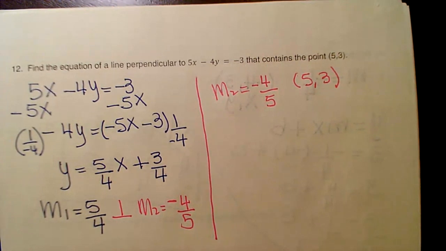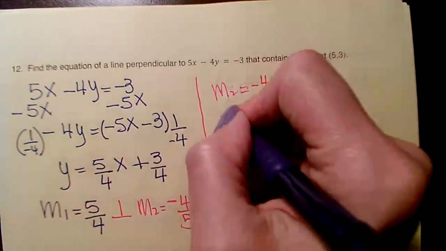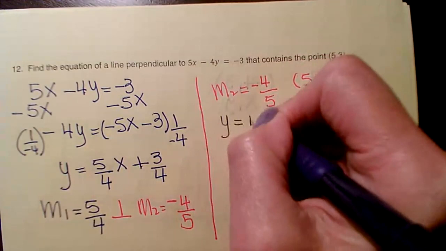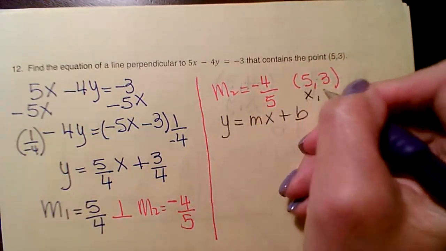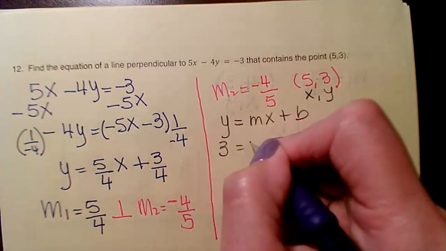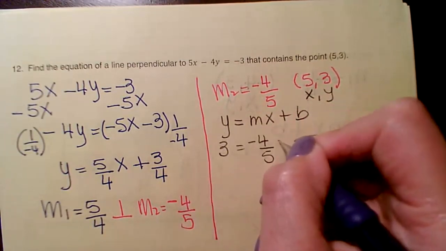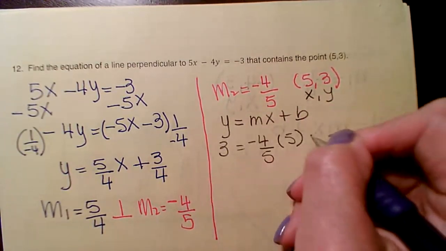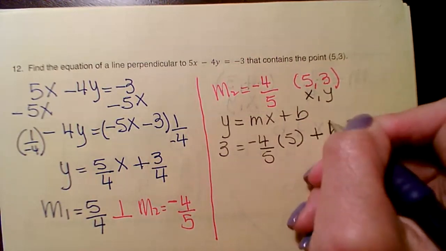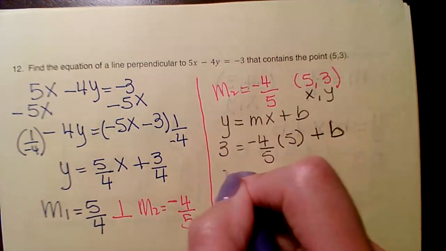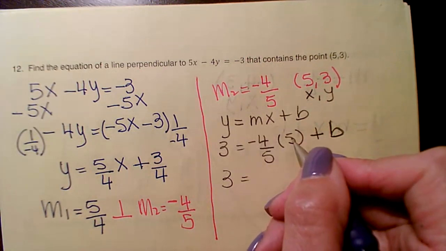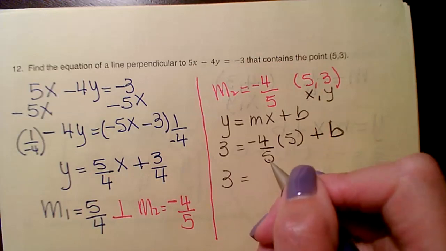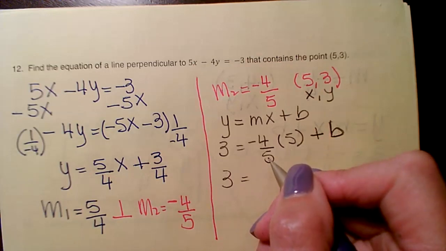3. Go back again. We're going to substitute the x and the y. And I'm going to solve it for b. So what I get here is what? Negative 4 times 5, that's negative 20 divided by 5.